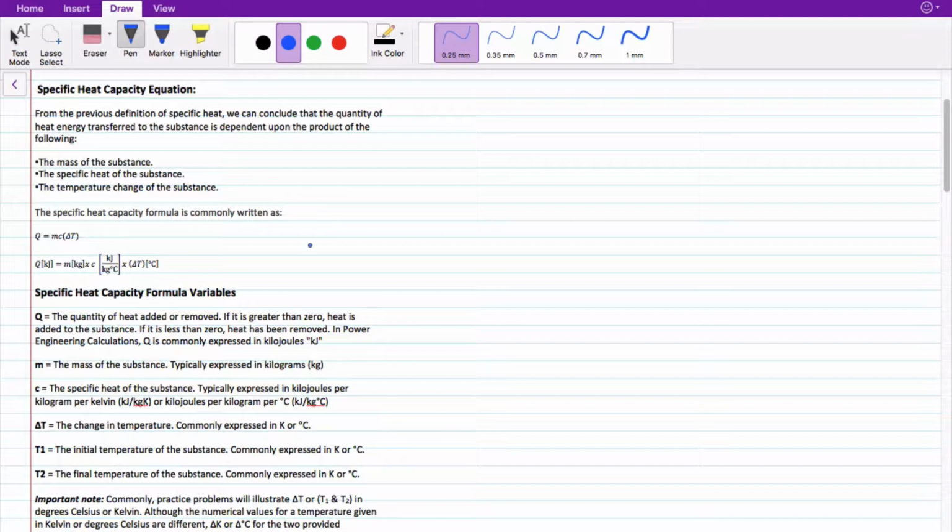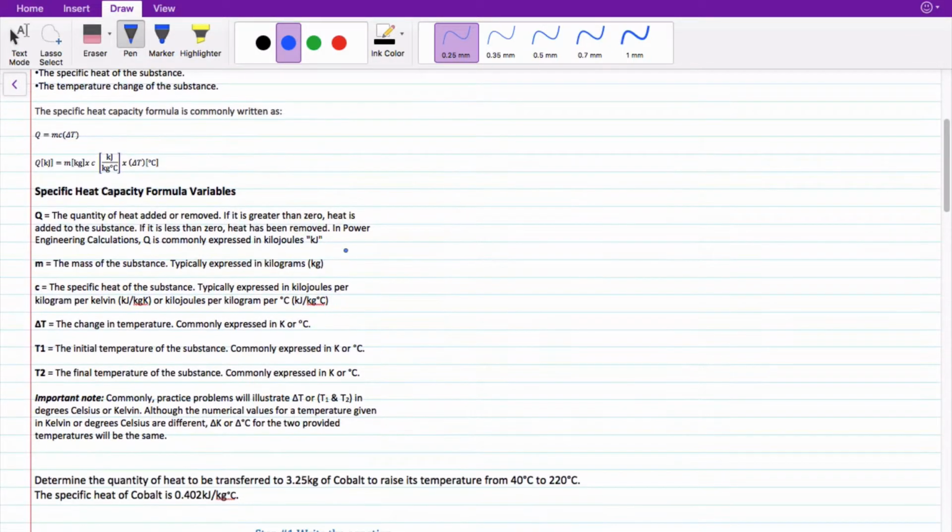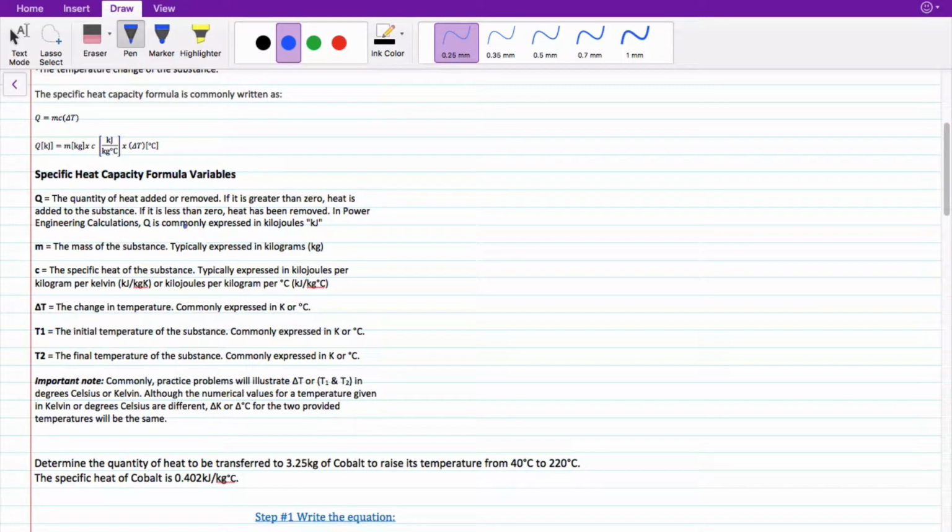The specific heat capacity formula is commonly written as Q equals MC delta T. You might see it as Q equals MC (T2 minus T1). For the formula variables, Q is the quantity of heat added or removed, M is the mass of the substance, C is the specific heat of the substance, and delta T is the change in temperature, which is T2 minus T1.